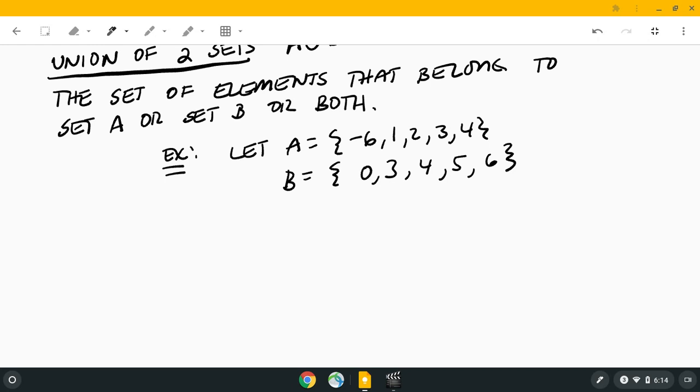When we put these two sets together, the union would be everything that they have all together.